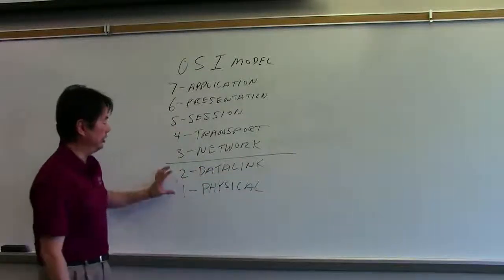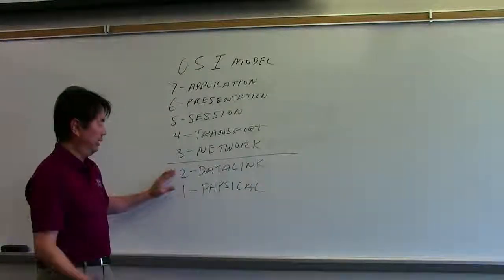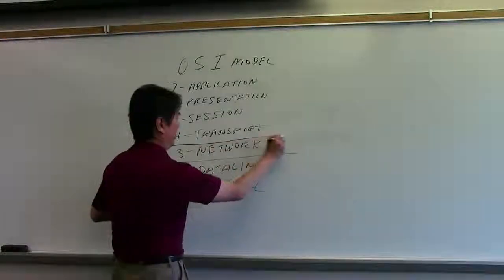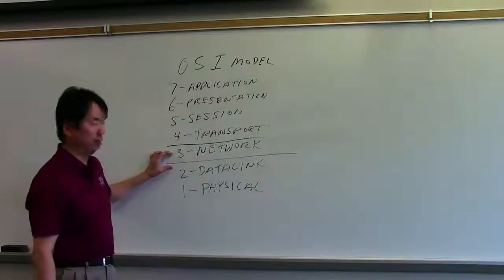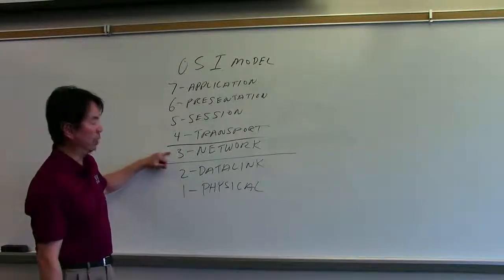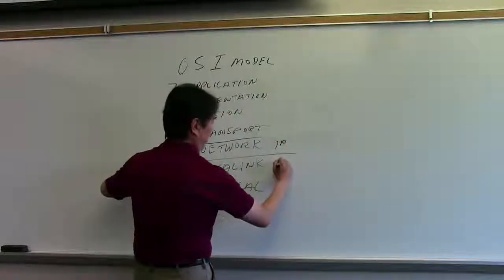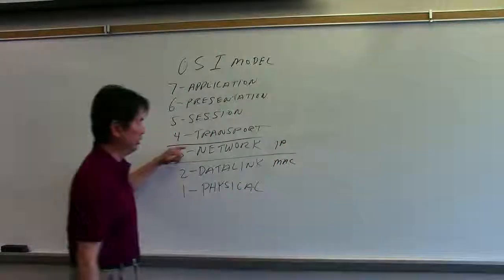So if you have a question that is just on basic networking, it's going to be these 2 layers. Layer 3 is where we get into the internet, and here's where we use routers. Switches and routers: what the routers use are IP addresses, and what the switches use are the MAC address.